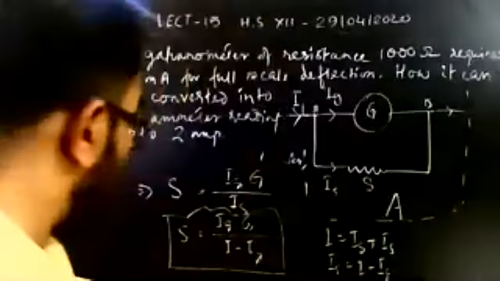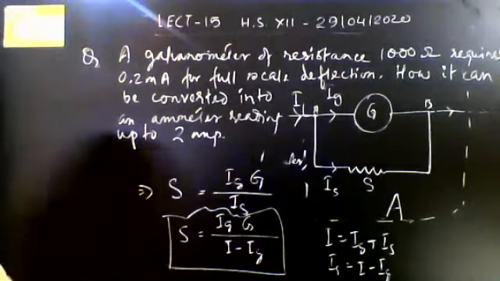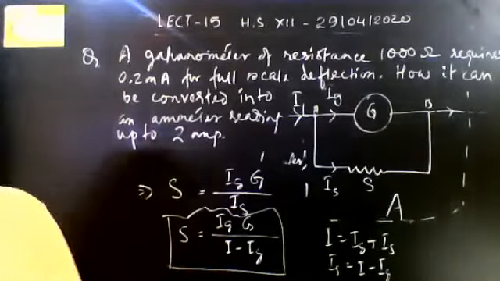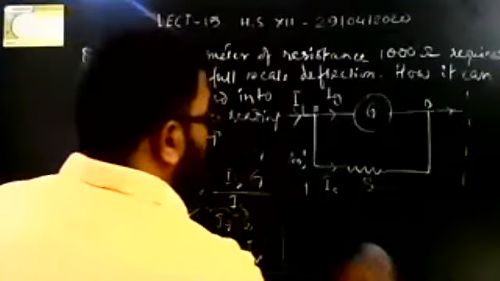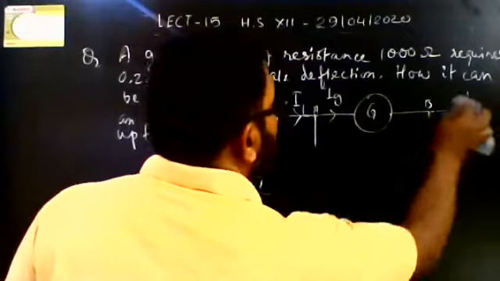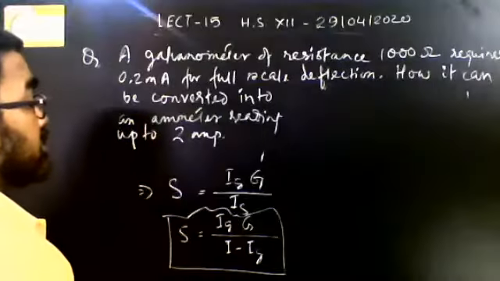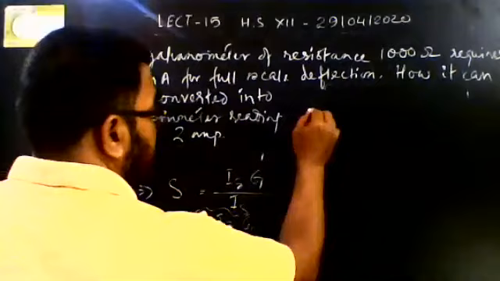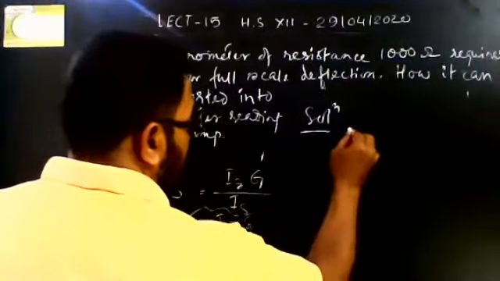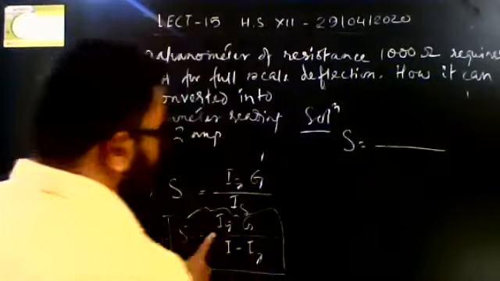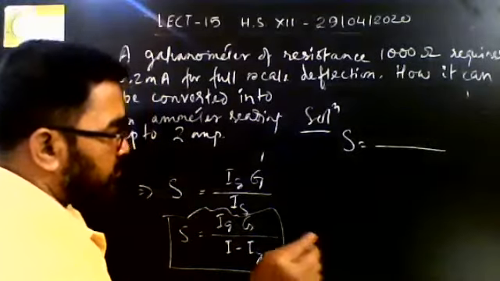To solve this problem, the values are already given. You have to put them in this equation. So here S is the unknown, so you have to find out S. How will you find Ig? Ig is the current required for full scale deflection.